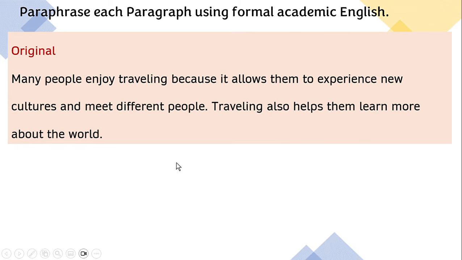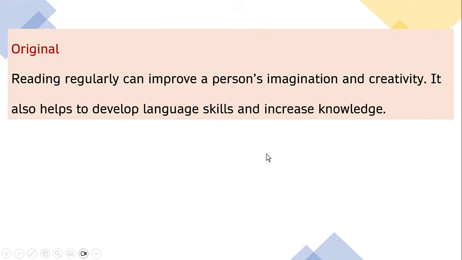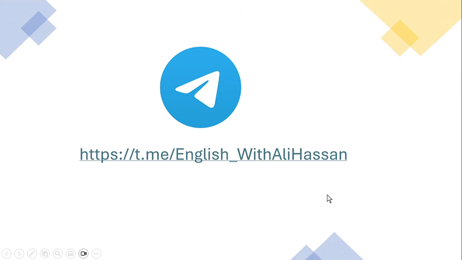If I paraphrase the first and second together: a lot of individuals love to travel because it gives them the chance to discover other cultures and interact with diverse people. It also broadens their understanding of the world around them. Broadens here means it makes something bigger. This is the end of our presentation today about paraphrasing.